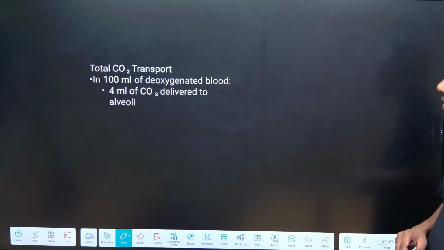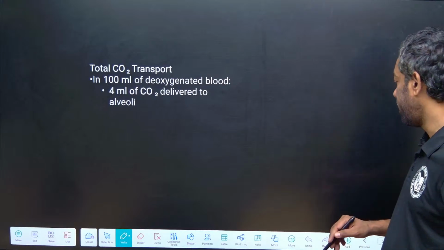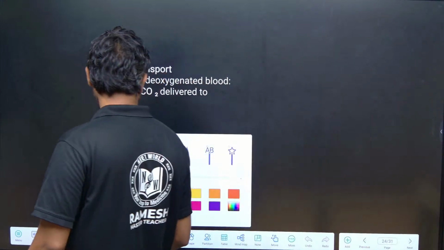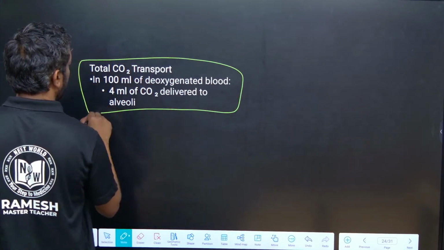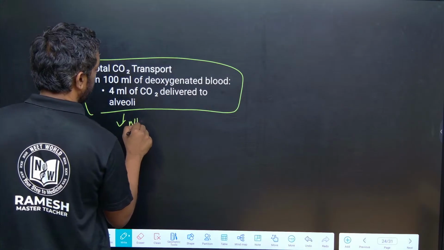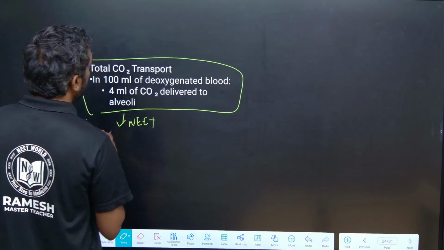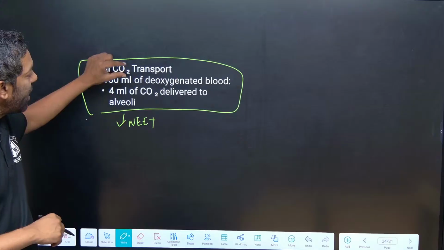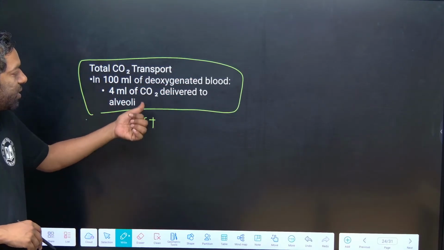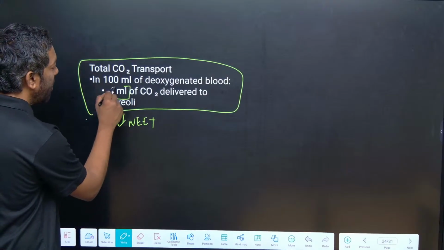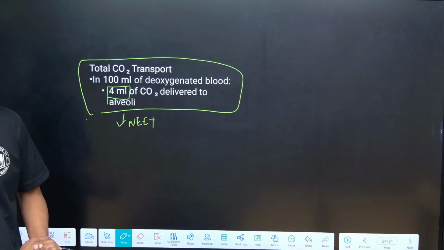Total CO2 transport in 100 ml of deoxygenated blood, this is the NEET point. In 100 ml of deoxygenated blood, how much carbon dioxide can they deliver? 4 ml of carbon dioxide.